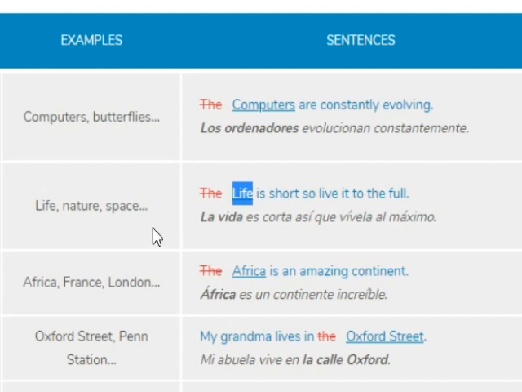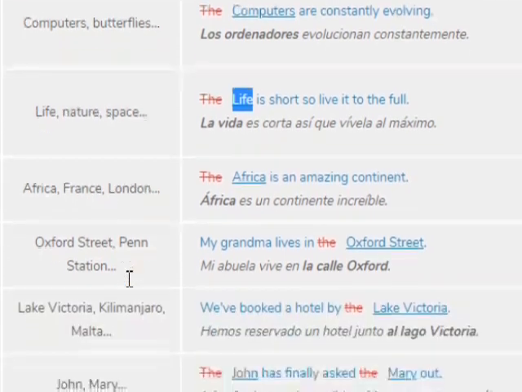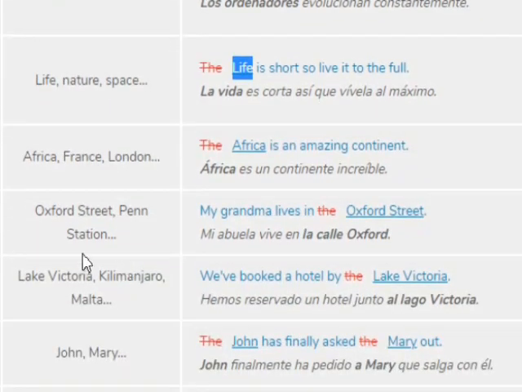We don't use the definite article with names of continents, countries and cities, just as we explained some minutes ago. We don't use the definite article "the" with names of streets, stations and airports. In this case, you see, my grandma lives on Oxford Street, or my friend lives on Central Street.